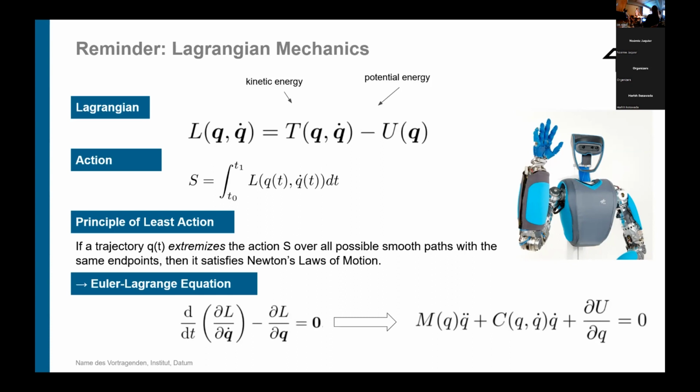Suppose somebody gives you a trajectory, q of t and q dot of t, then you can compute the action by evaluating this integral. And if this action is stationary for some trajectory, then you know that this is a true trajectory of the system. This is what's called the principle of least action.